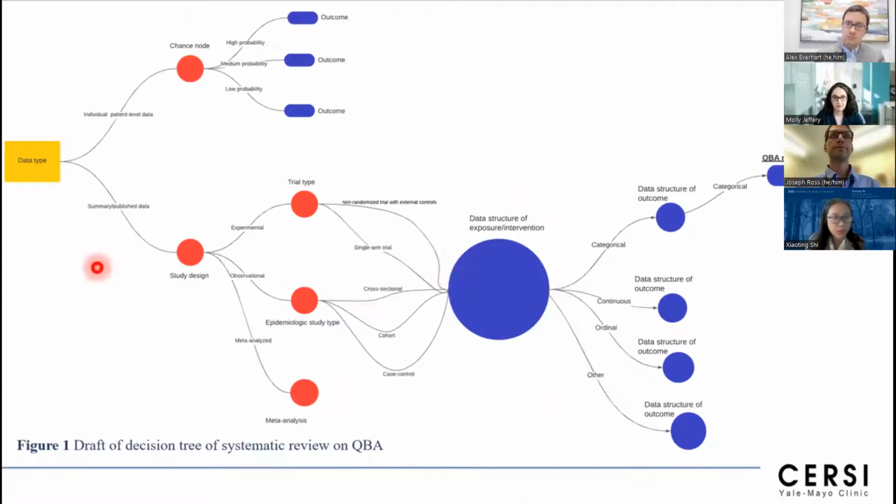If a researcher comes in with a study they already conducted, depending on the characteristics of their study, including what type of data they have, what the study design is, and the data structure of the exposure, outcome, and confounders they are looking at, they can find the recommended QBA methods, the available software for these methods, and the strengths and limitations between the different QBA methods available.